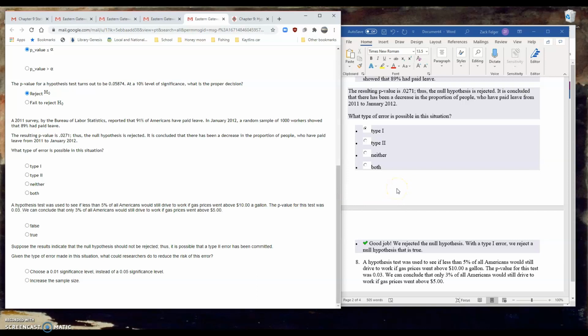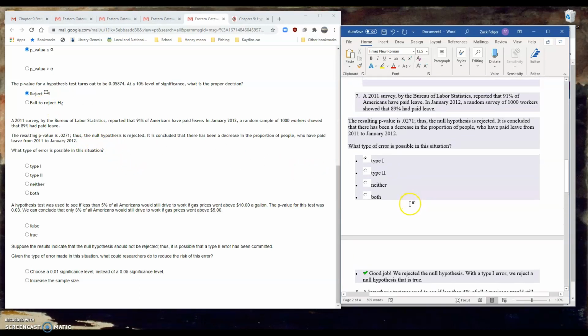In January 2012, a random sample of 1,000 workers showed that 89% had paid leave. The resulting p-value was 0.271. Thus, the null hypothesis is rejected. It is concluded that there has been a decrease in the proportion of people who have paid leave from 2011 to January of 2012. What type of error is possible in this situation?